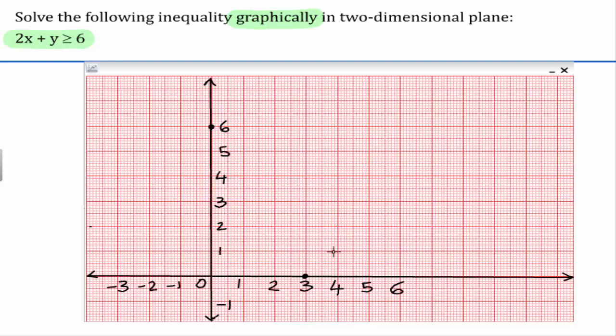Let us join these 2 points to draw the graph. And this is the graph of the equation y is equal to 6 minus 2x.